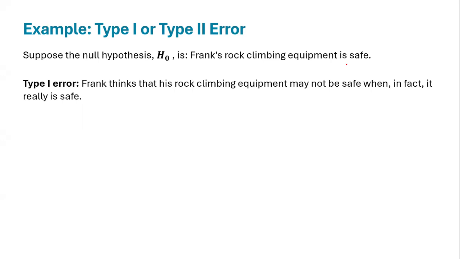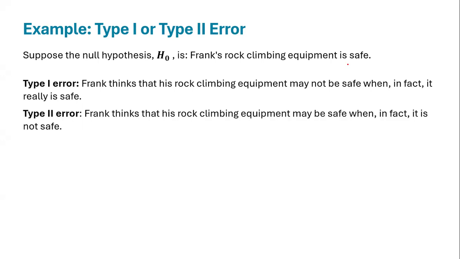Type 2 error tells me that I fail to reject the null when the null is false. When the null is false, that means Frank's rock climbing equipment is not safe, but we fail to reject it. That means Frank thinks that the rock climbing equipment is safe when in fact it is not safe.